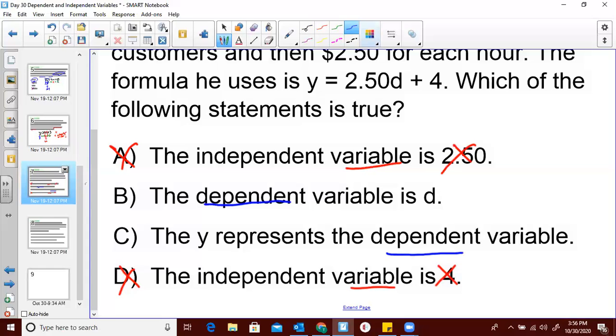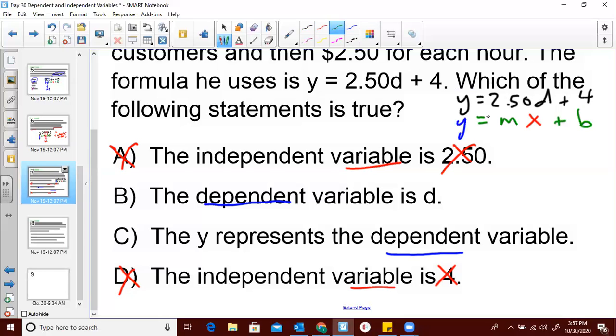So if I write out our equation, I have y equals 2.50d plus 4. And I write out our stock equation, a generic equation: y equals mx plus b.